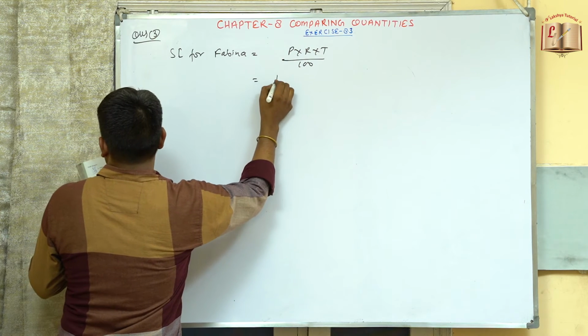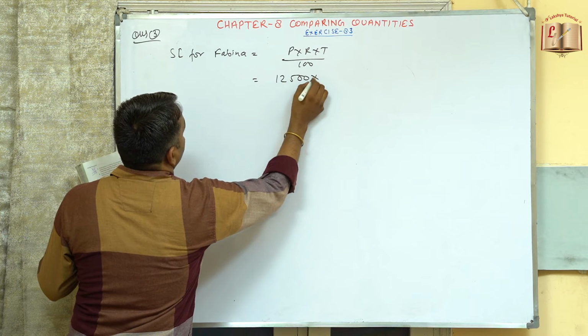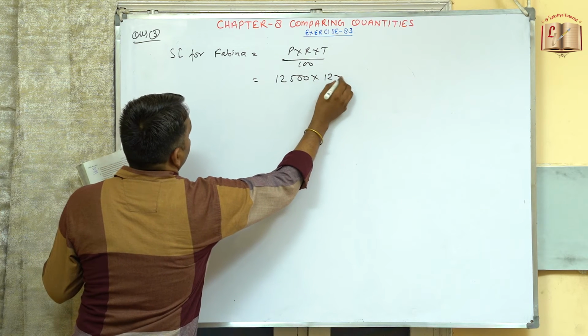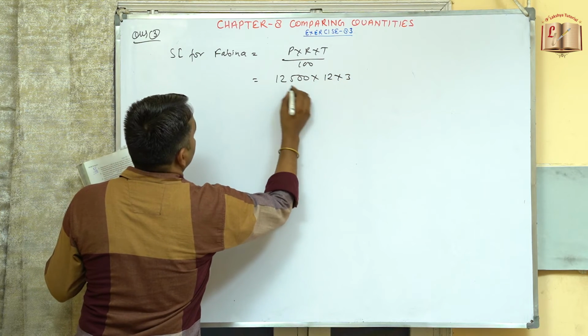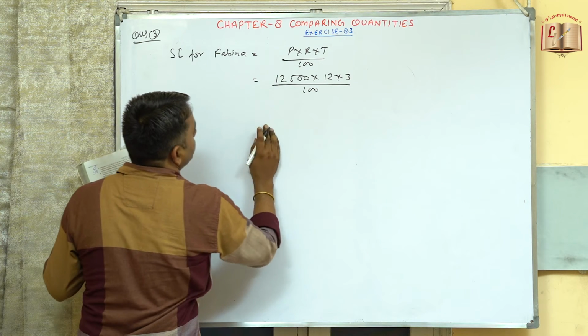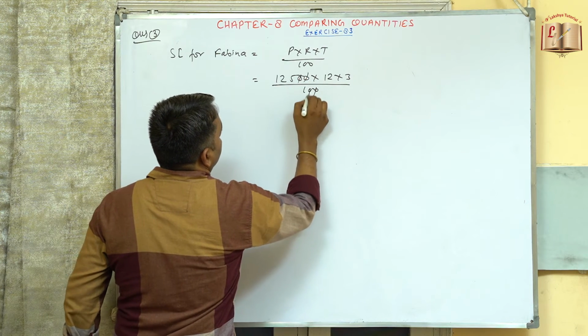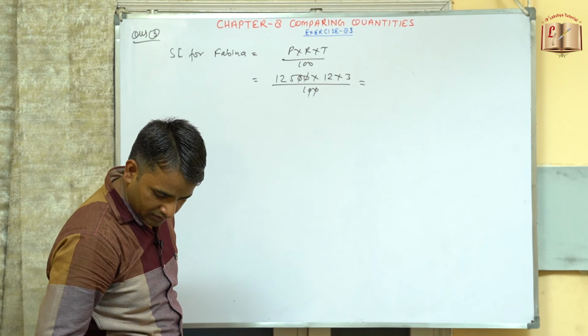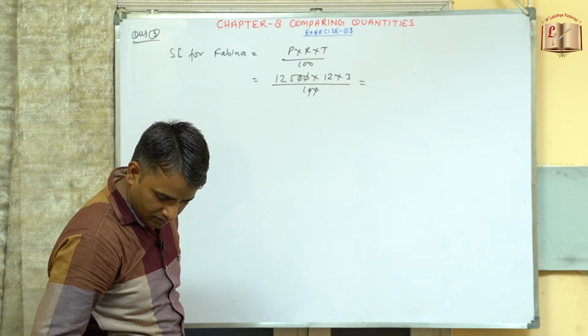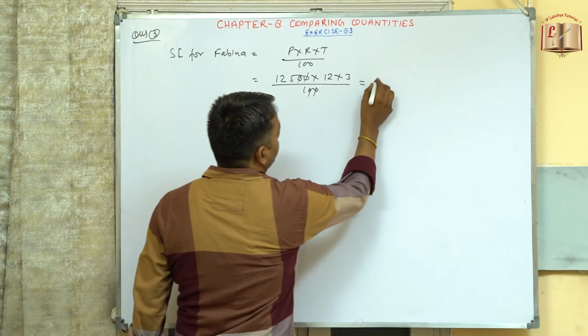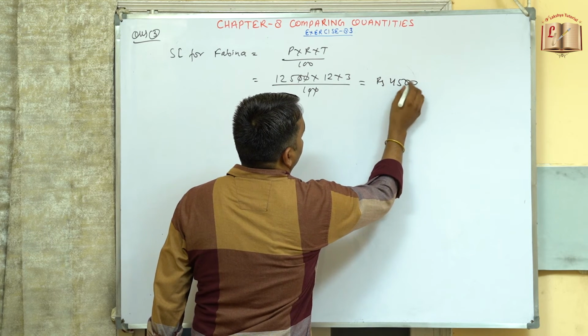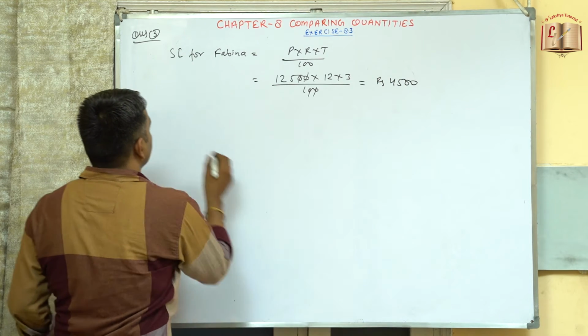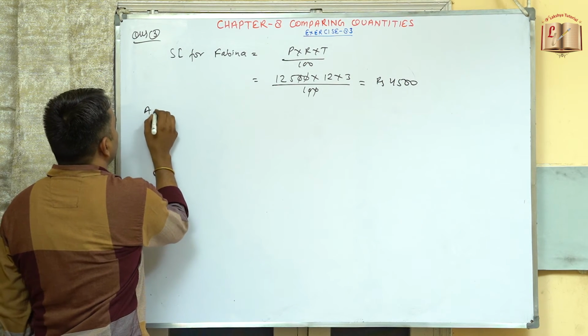So P is given to us, this is 12,500 into R is 12 into T is 3, divided by 100. So this comes to rupees 4,500.